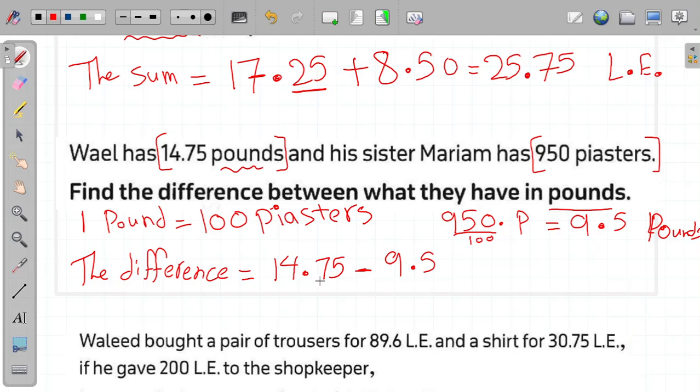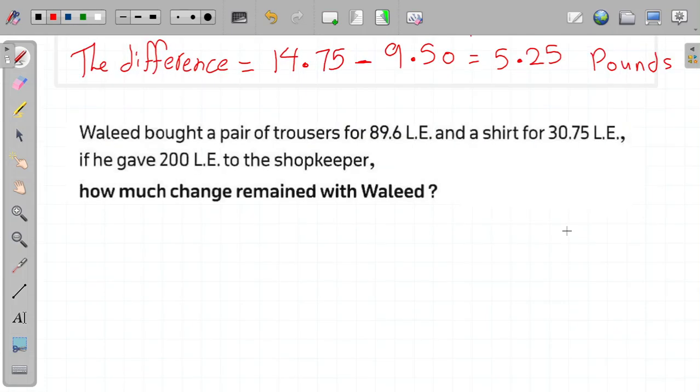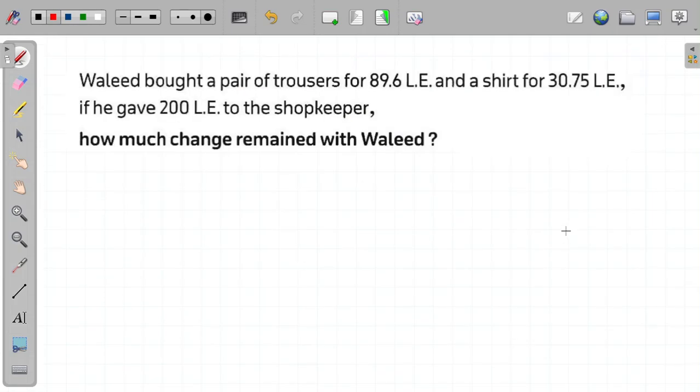Here I have two digits and here one digit, so I will add 0 here, so it will be 14.75 minus 9.50. So 5 minus 0 equals 5. 7 minus 5 equals 2. And I will put the decimal point, and 14 minus 9 equals 5. So the difference between what they have is 5.25 pounds.